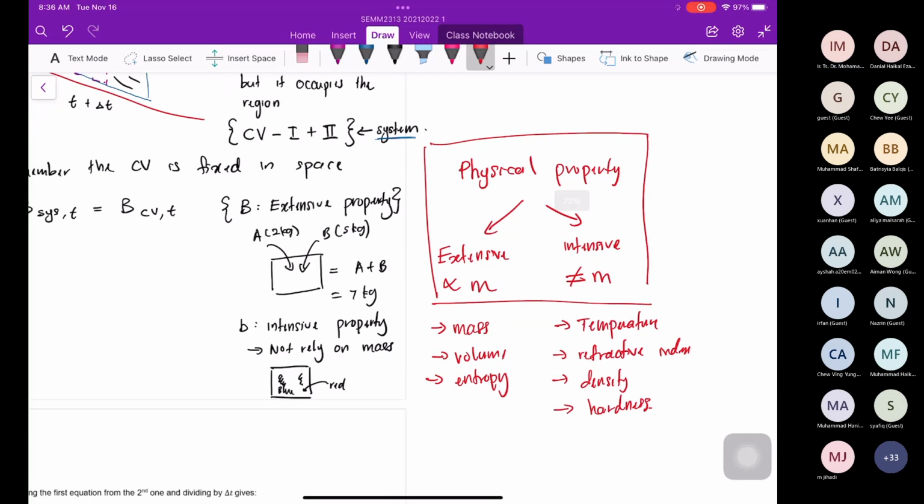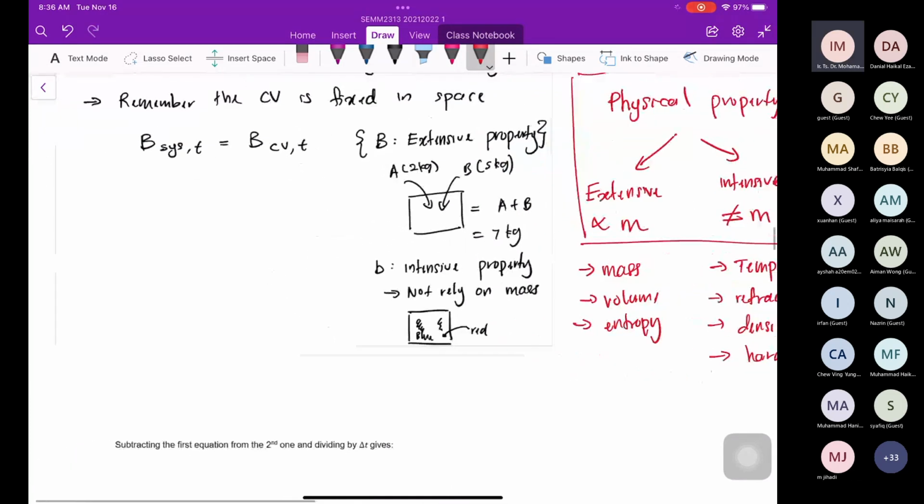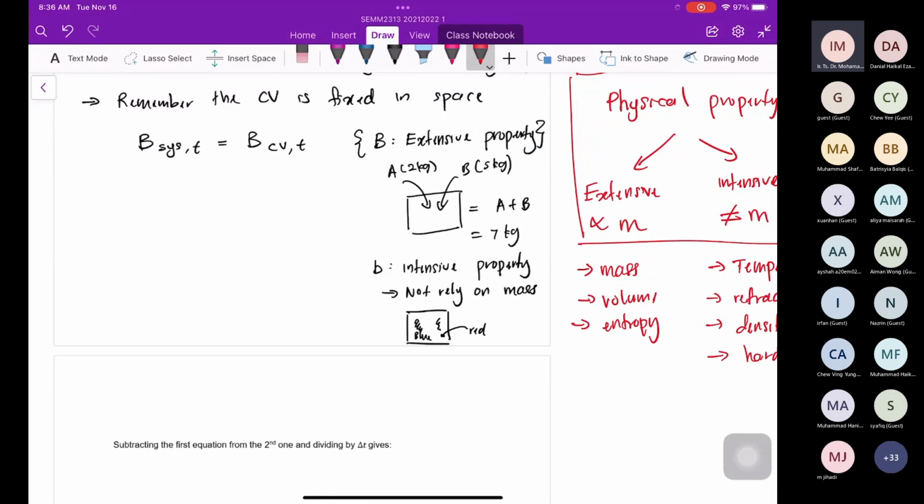All of these do not rely on the mass. The extensive ones rely heavily on the mass.